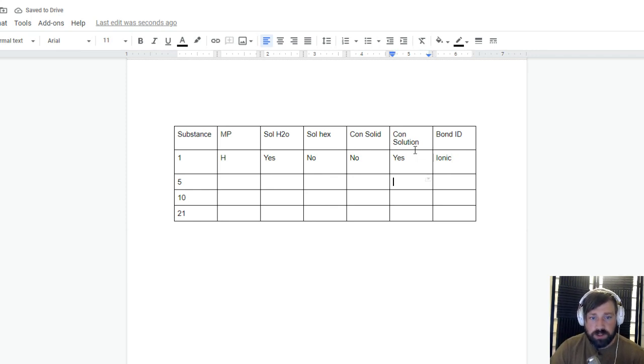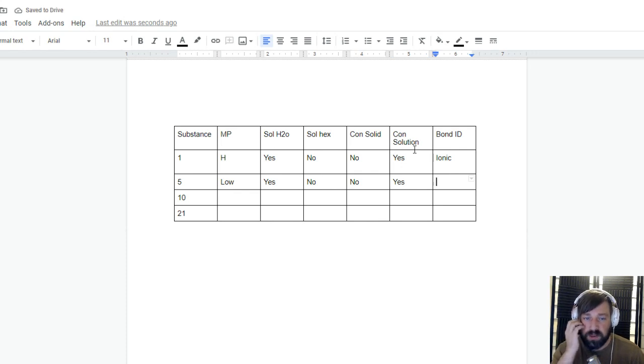You might have a situation like this. Maybe you have something that is a low melting point. It dissolves in water, not in hexane, doesn't conduct as a solid, and does conduct in solution.